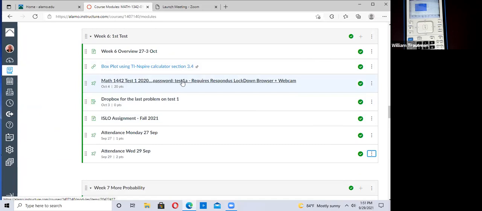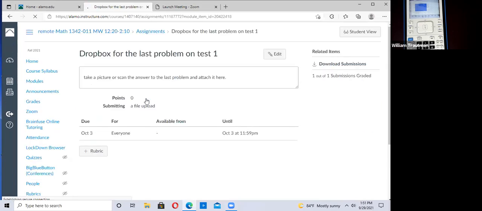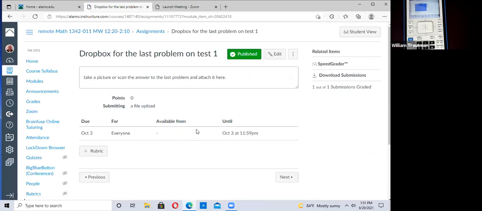The password is test 1A. The Dropbox is right here, Dropbox for the last problem on test 1. So you scan it or take a picture and then you submit it in the Dropbox. You can't see it here, but it says download the file. What file do you want to download? And then you'll download it and submit it.